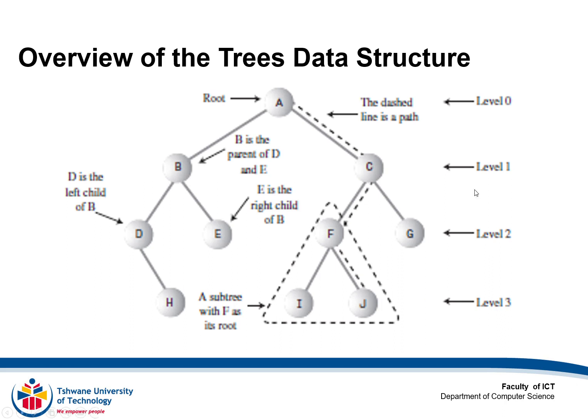So if this is level 0, then it is at level 3. You could even count it as 1, 2, 3, 4, or as 0, 1, 2, 3, which allows you then to understand the height of a particular tree.